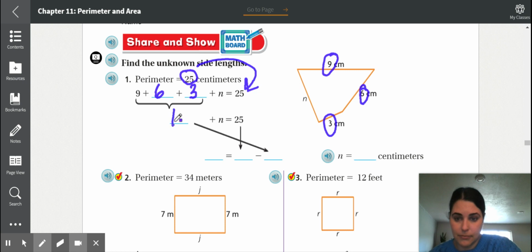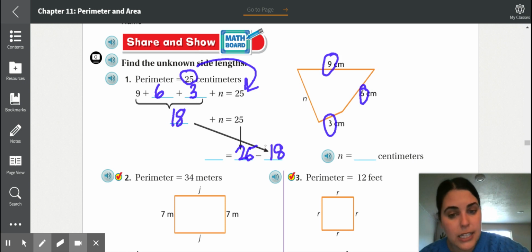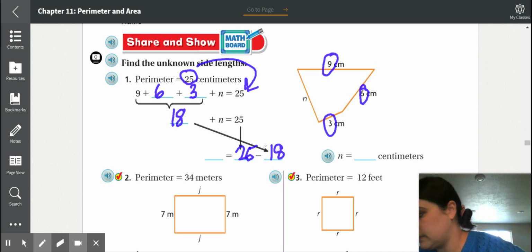If you said 18, you are correct. So 18 plus n needs to equal 25. We don't know what n is yet. We need to find the difference, so we need to subtract. 25 minus 18. Okay, take 30 seconds to figure that out. 25 minus 18.